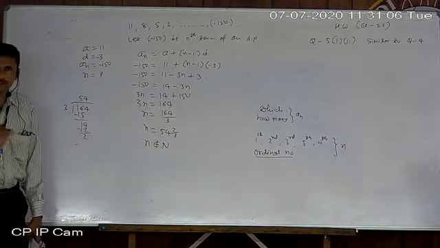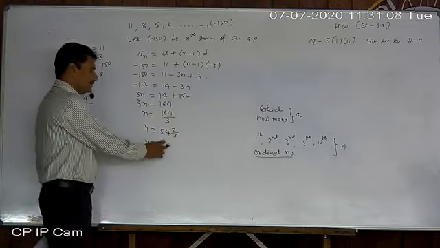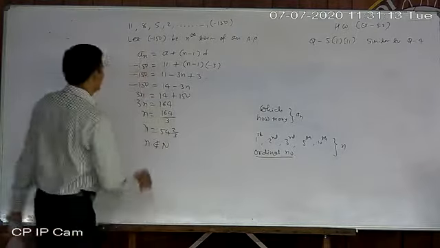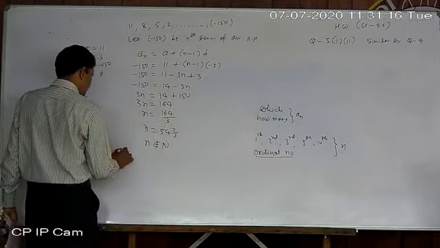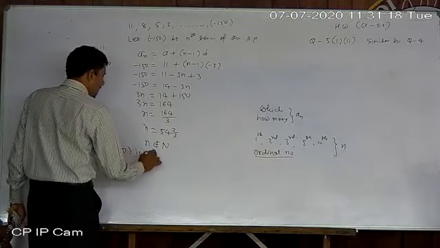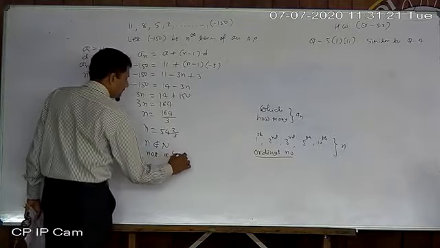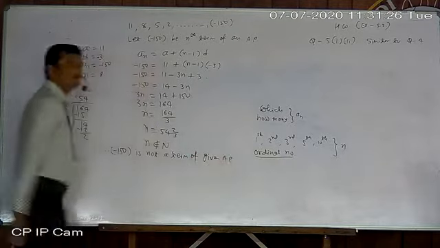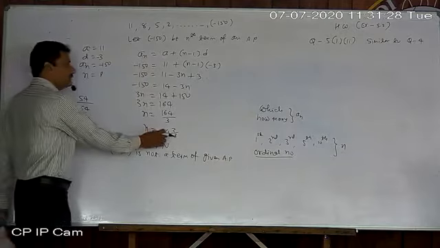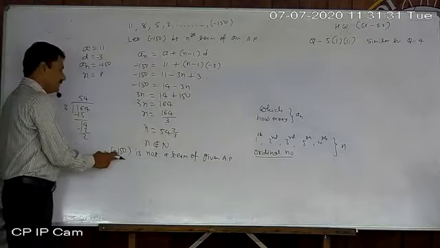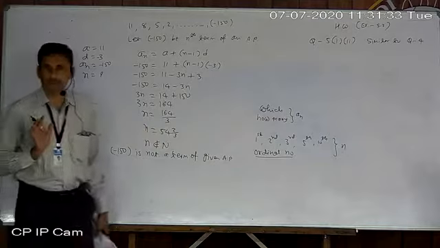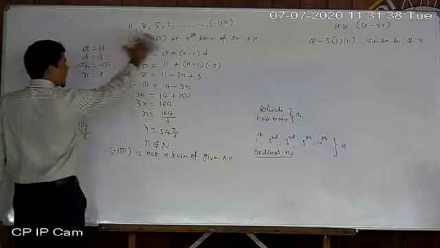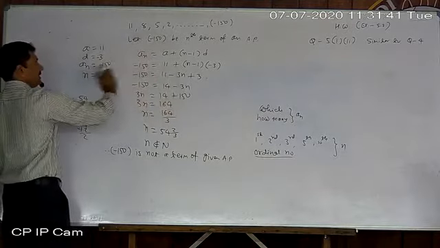We expect that the number should be a positive integer, but actually it is a fraction. So minus 150 is not a term of the given AP. You understood? Suppose we got only 54, then we could give the answer that minus 150 is a term of the given AP, but here it is not an integer. Okay, so the question is very simple, just understand it.